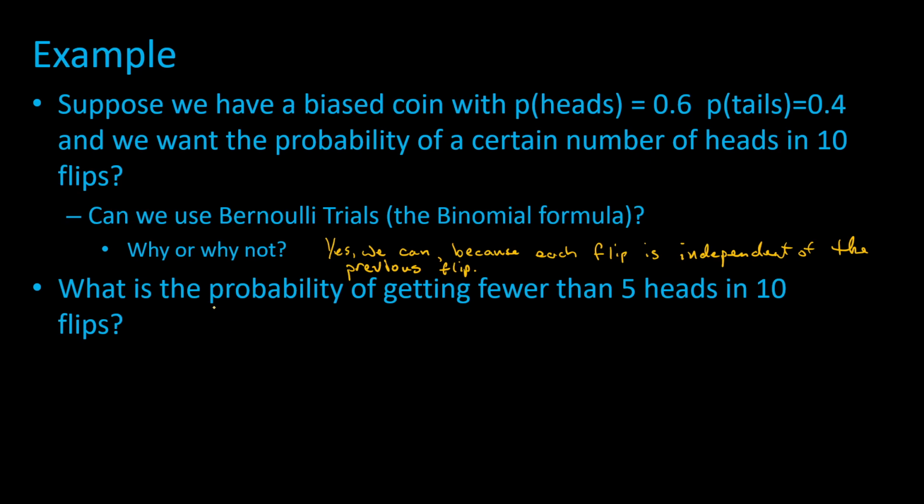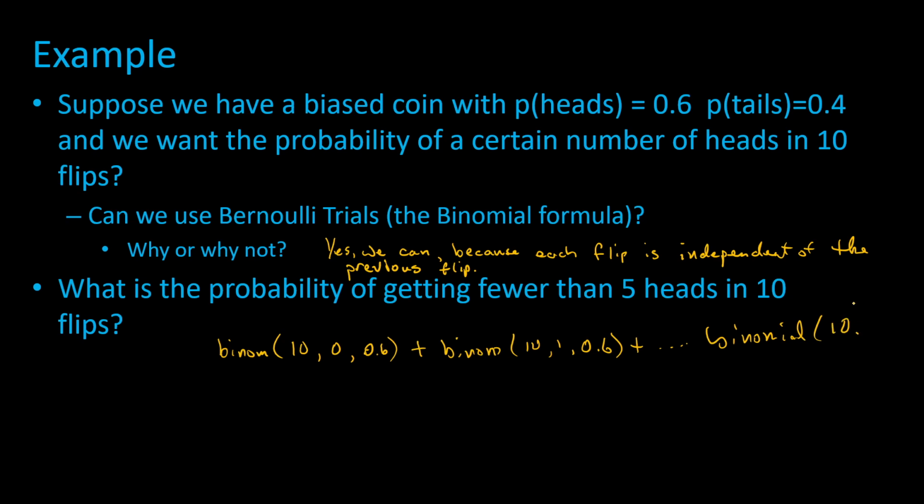It's the binomial of, now, if I'm flipping 10 times, what's the likelihood of getting 0 if the probability is 0.6, plus the binomial of 10, 1, plus the binomial of 10, well, fewer than 5 is the last one I do, 4.